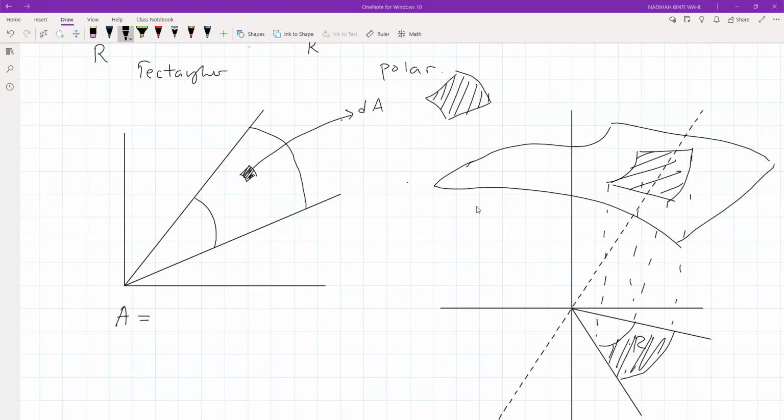Area untuk sektor. Okey, awak ada ke tak ada semua orang ni? Ada. Okey, so apa dia area untuk sektor? Yang lain pun tak perlu, kalau dia rasa dia tahu boleh je tulis dekat chat ni. Area untuk sektor apa dia?